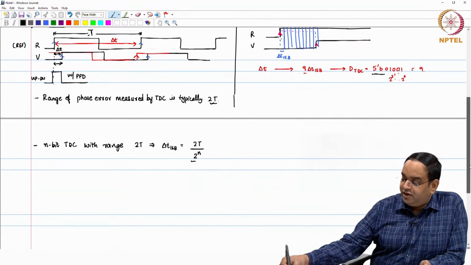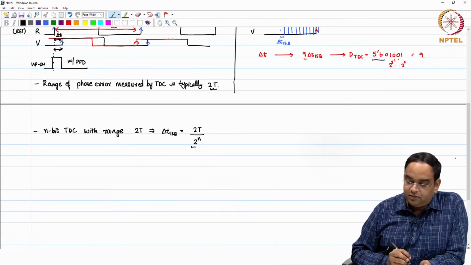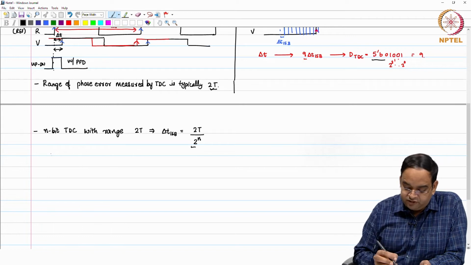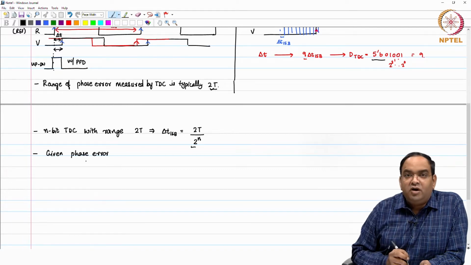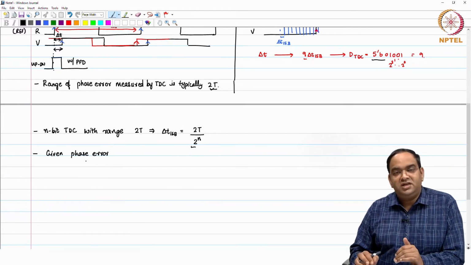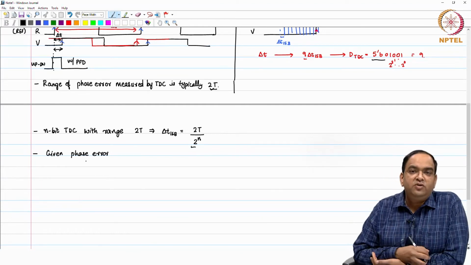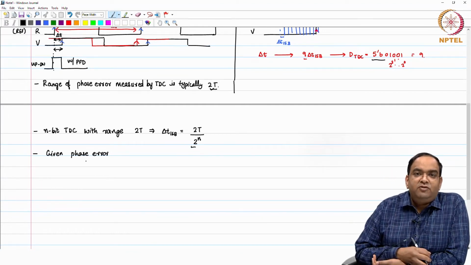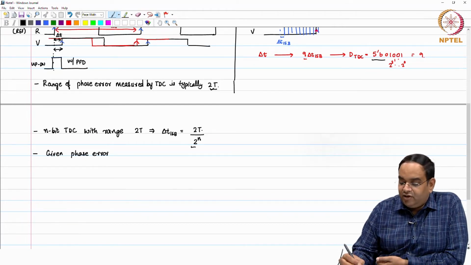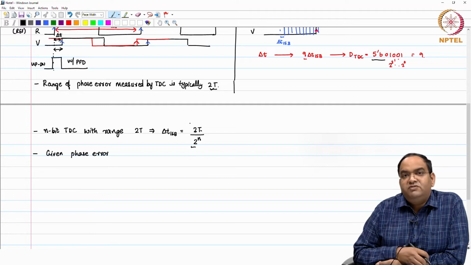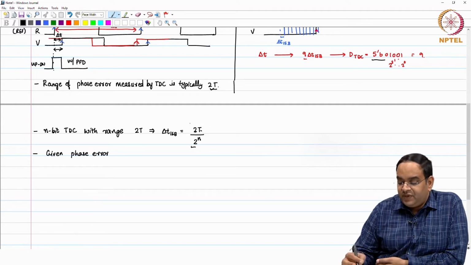So, how am I going to write this performance of the TDC? So, given phase error, okay. Now, because you are doing it digitally, you have to specify whether you are going to have positive or negative phase error. So, here let us say we take that into account later. The whole 2T range, which is from -T to +T, is given by n bits.